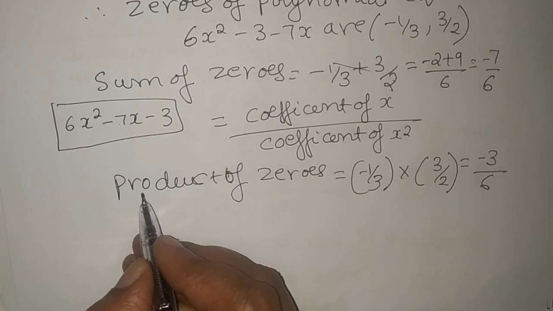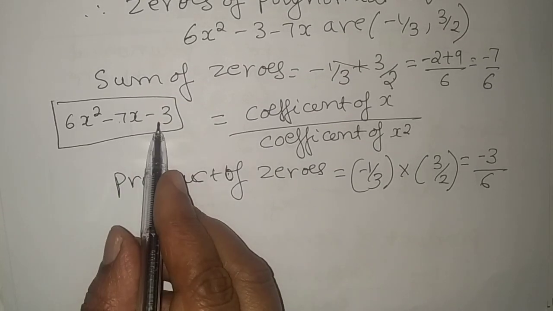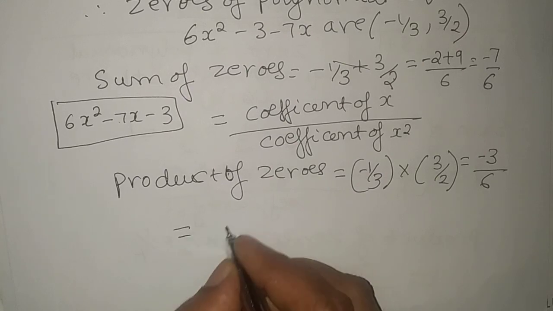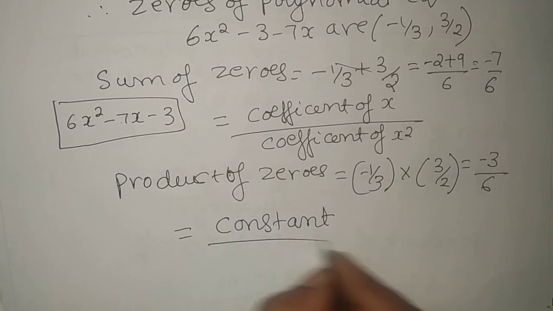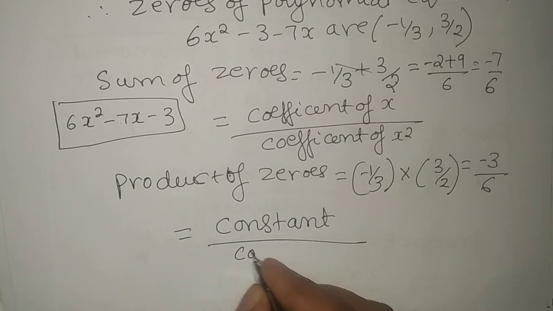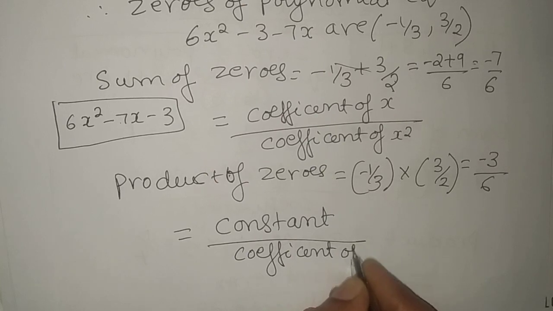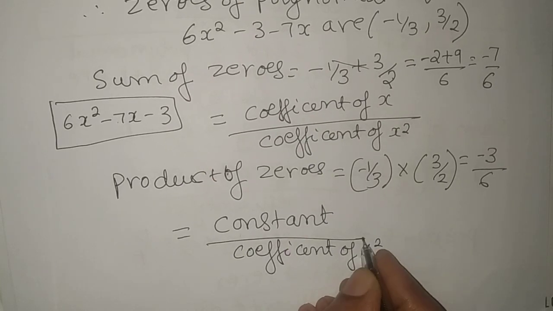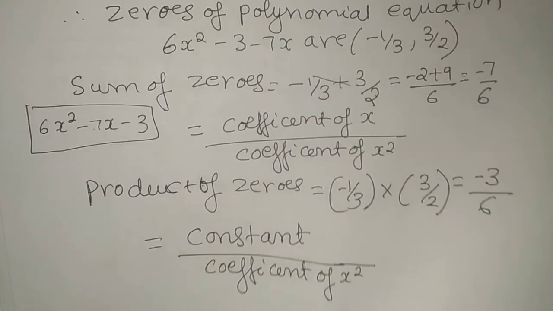So see in the expression where 6 is present. We see minus 3 is the constant term, and 6 is the coefficient of x square. So this is the solution to the third problem.